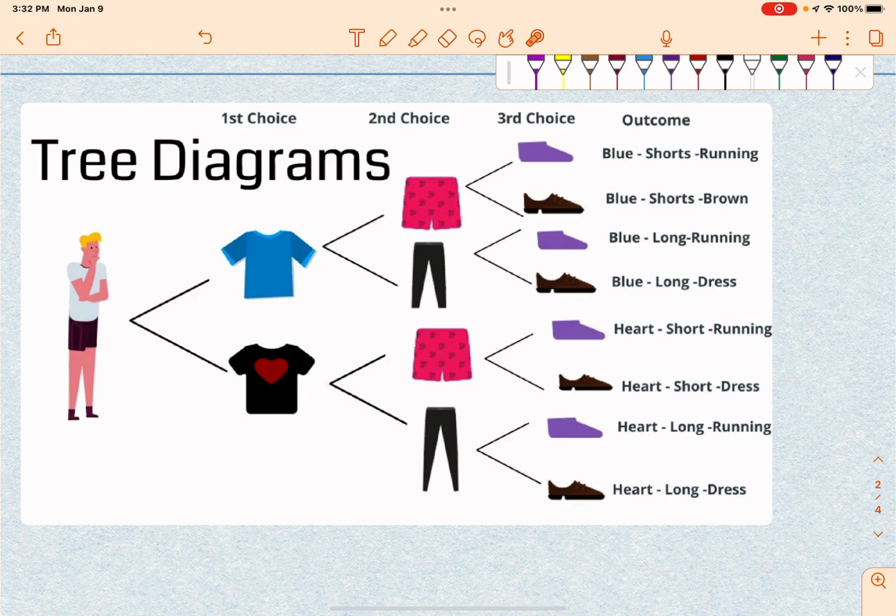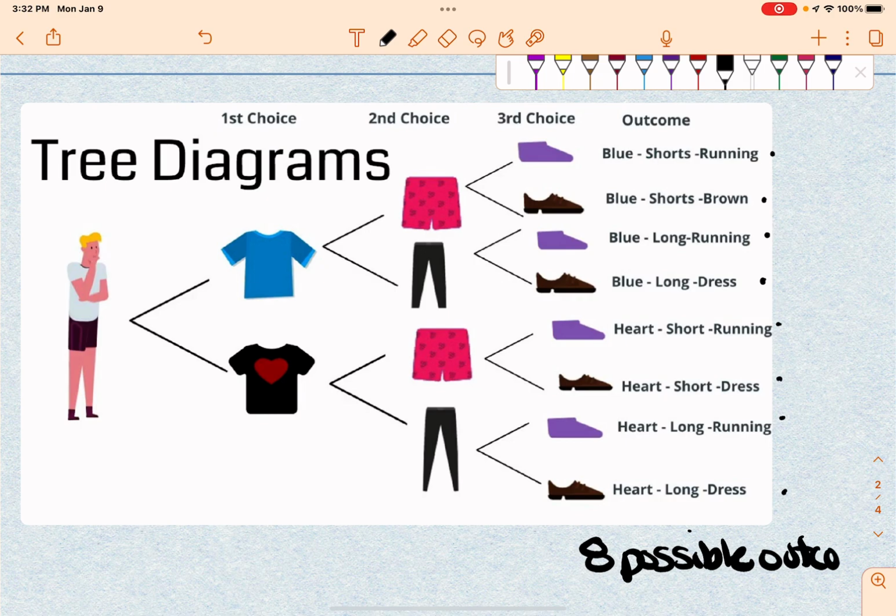So heart shirt, shorts, the running shoe, heart shirt, shorts, and the brown dress shoe. Heart shirt, pants, running shoe, heart shirt, pants, and then the brown dress shoe. If I count these up, I have 1, 2, 3, 4, 5, 6, 7, 8. So there are 8 possible outcomes of what they could wear.